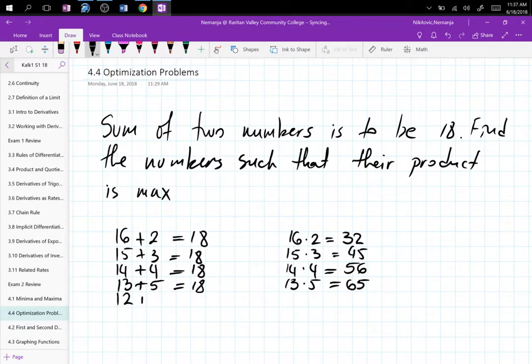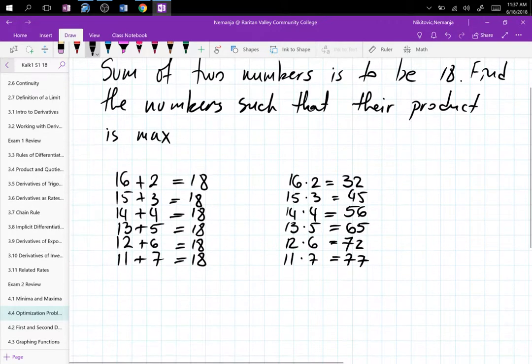All right. Keep going. 12 plus 6 is 18. Sure, 12 times 6 is 72, nice. See that? Well, 11 plus 7. This is going to fail, right? No, it actually gives you 77. It's even better.